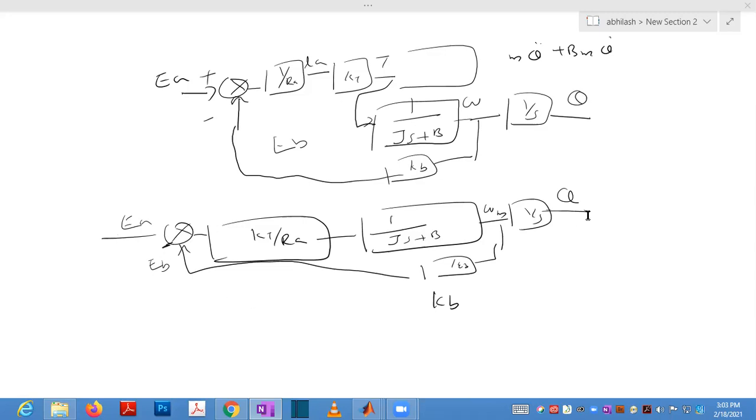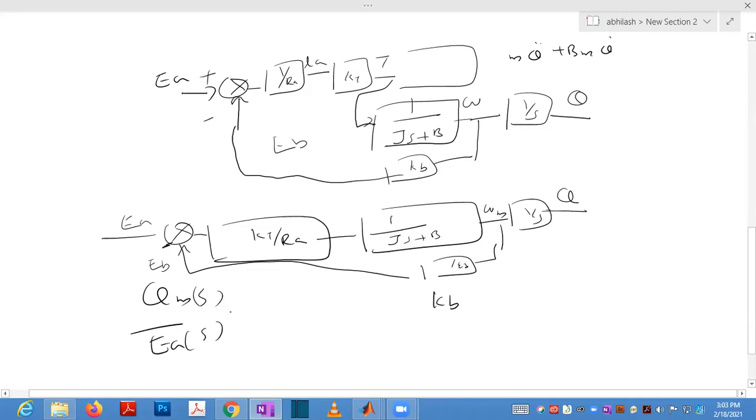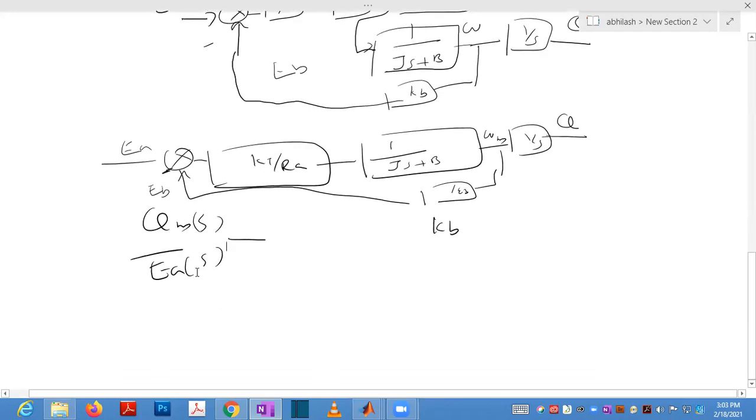So if you are deriving the transfer function theta m upon EA of S, is this transfer function called an open loop transfer function or a closed loop transfer function? Whatever you call theta m by EA of S, is it an open loop transfer function or a closed loop transfer function?